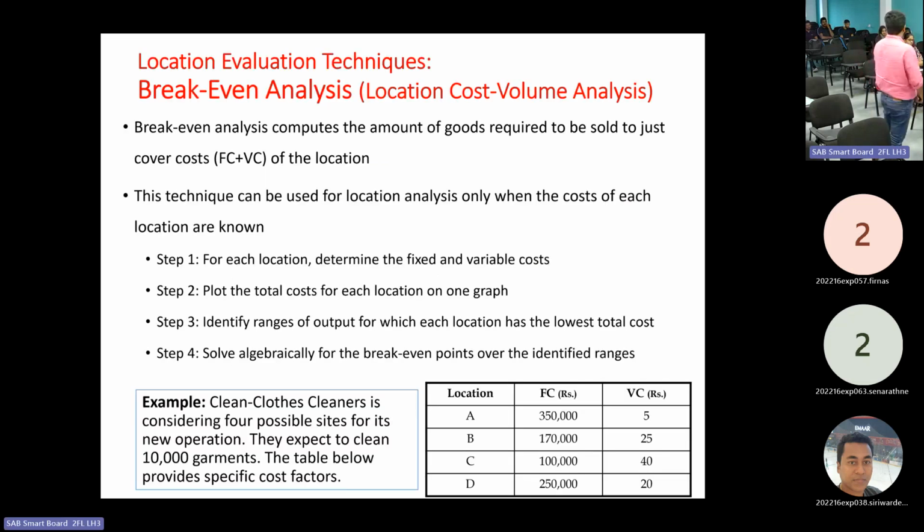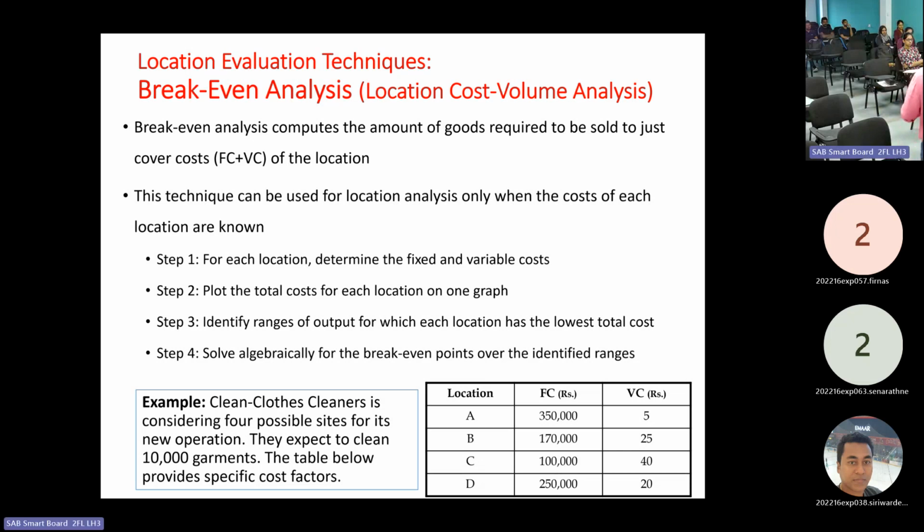There are many other techniques. We will quickly identify this technique also. Although the name is cost volume analysis, this is break-even analysis. More than break-even, you know the break-even point, right? Contribution and the fixed cost, and thereby calculating the break-even point.